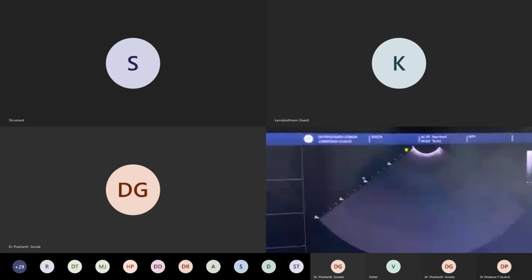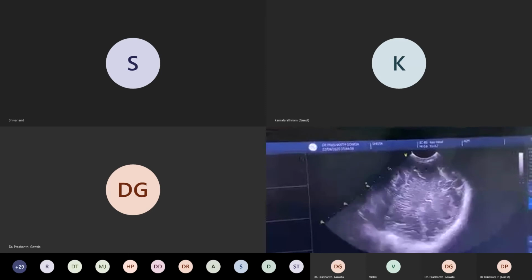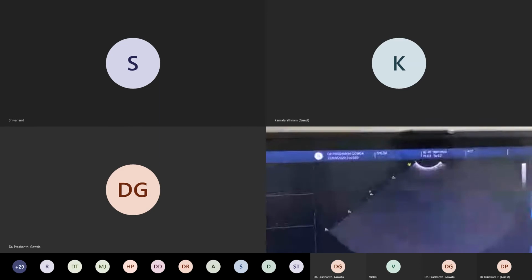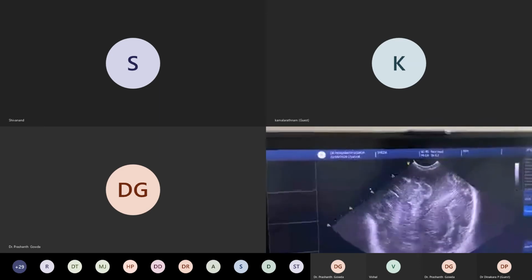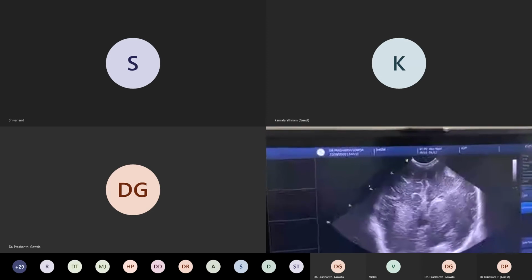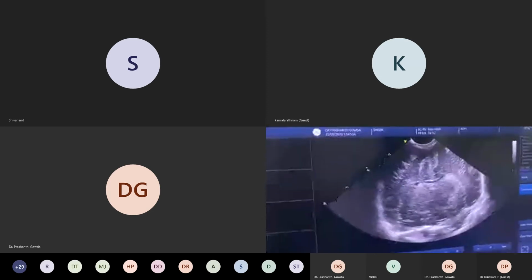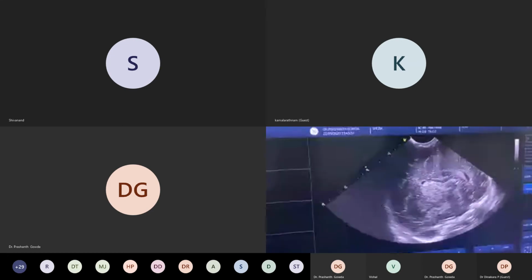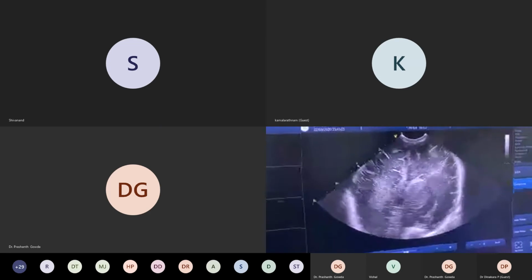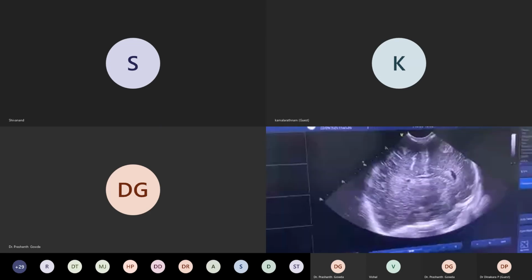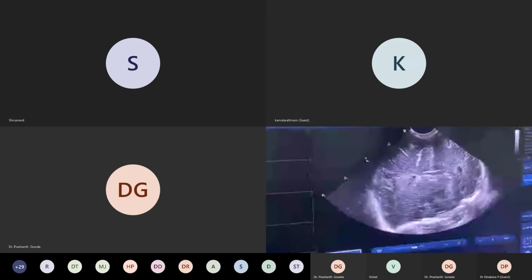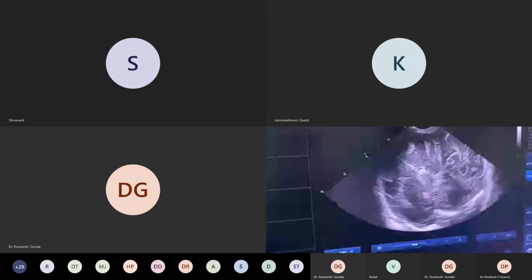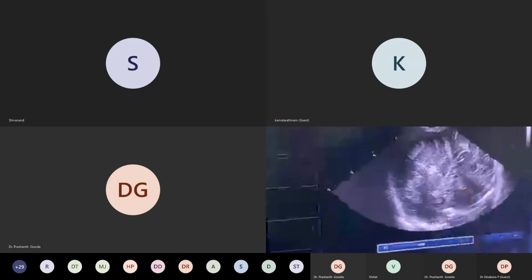I'm trying to get coronal. Increase it. It's a little tilted.